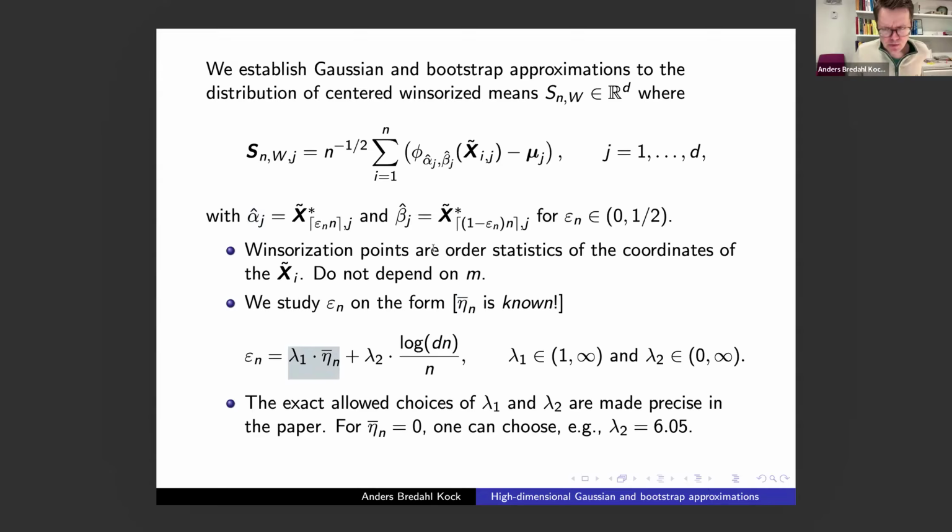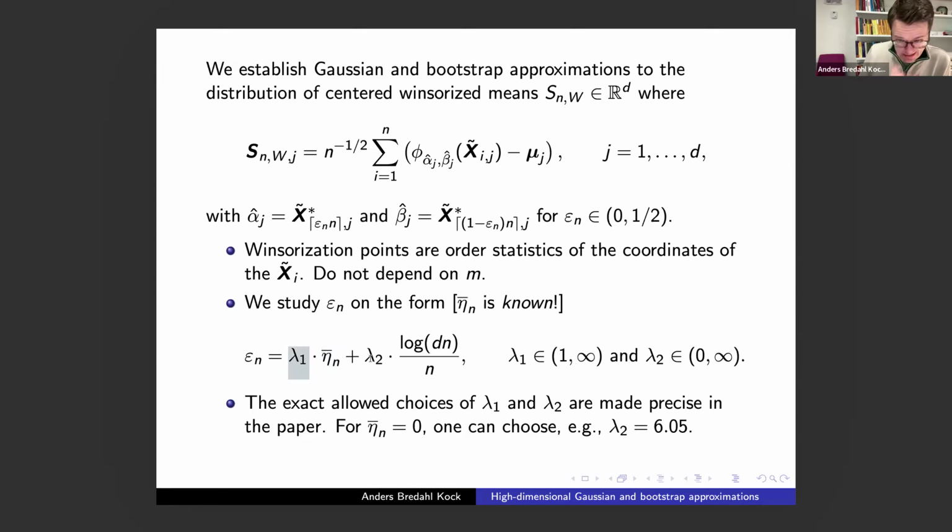It is clear that if, say, 10% of the observations can be contaminated, amounting to eta being 0.1, then I must also Winsorize at least 10% of the observations, because otherwise the adversary can still manipulate the statistic to his heart's desire. He can give it any value. That is why lambda 1 must be greater than 1.